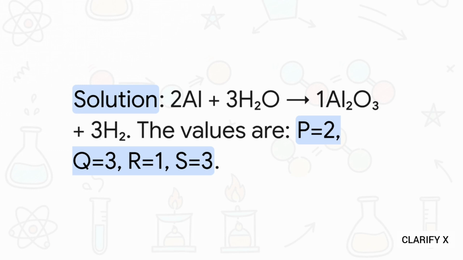That 3 we just added gives us 3 times 2, 6 hydrogens on the left. To get 6 on the right, we need a 3 in front of the H2, so S equals 3. And what about R? Well, when there's no number in front of a compound, it's just a 1, so R is 1. And there are your answers. P is 2, Q is 3, R is 1, and S is 3. See how that method just walks you right to the answer? No stress.